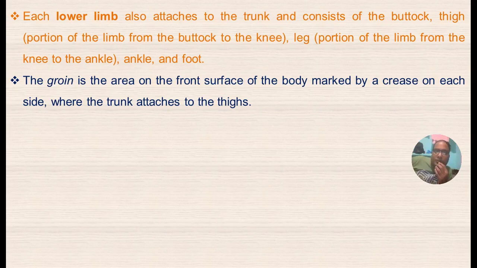The lower limb is attached to the trunk at the hip region. The groin area is the area on the front surface of the body marked by a crease on each side where the trunk attaches to the thigh. Wherever the thigh attaches to the trunk region, that region is called the groin area.